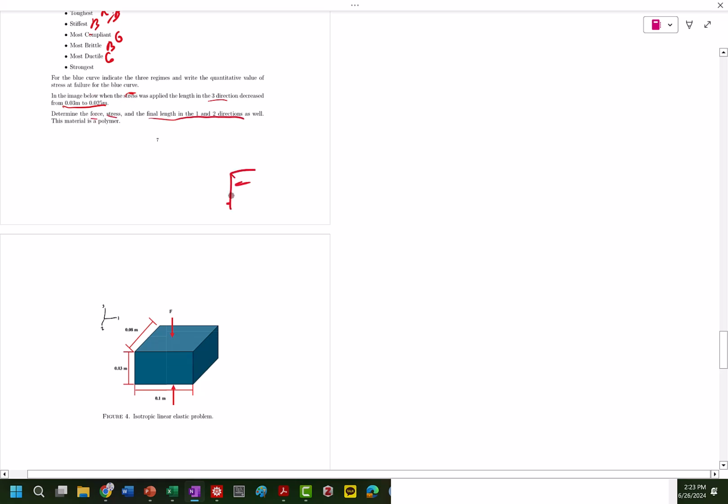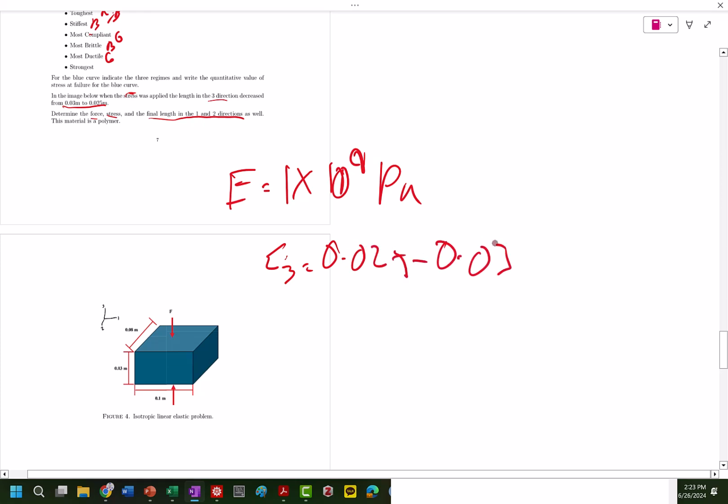Material is a polymer, so my Young's modulus is equal to 1 times 10 to the 9 pascals, a gigapascal. We're told that in this 3 direction, our strain in the 3 is the final, 0.025, minus 0.03, over our initial length of 0.03.